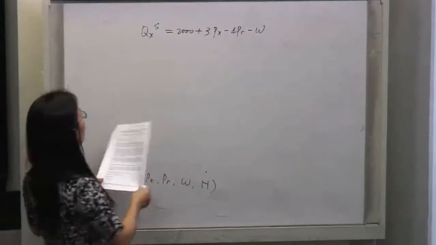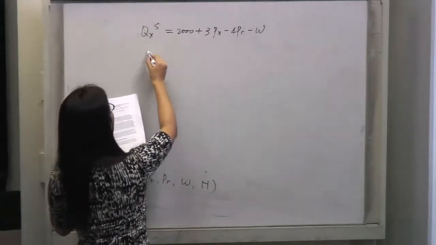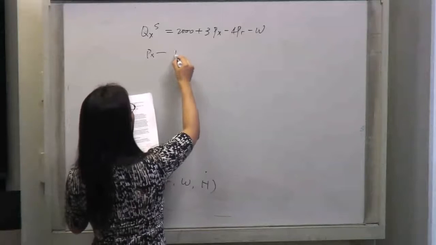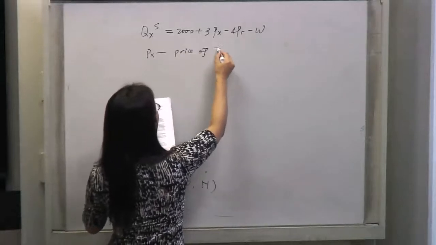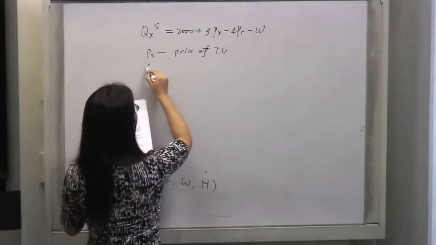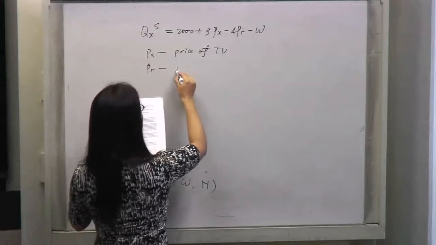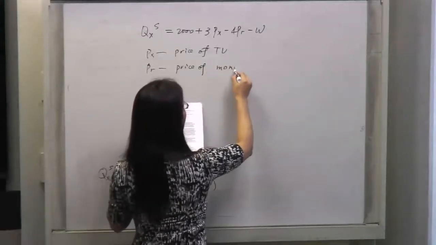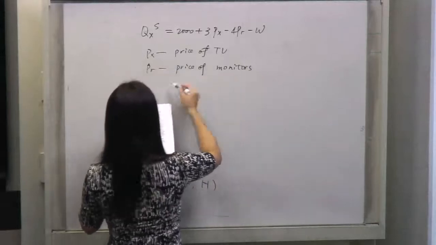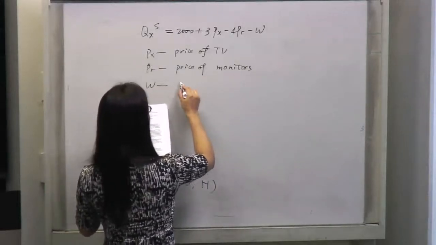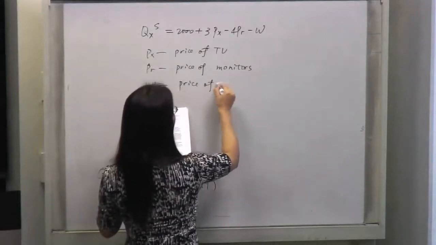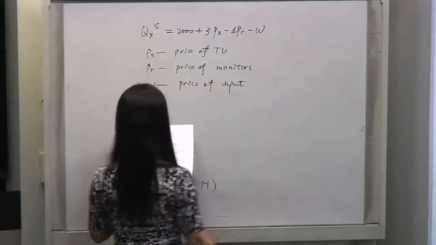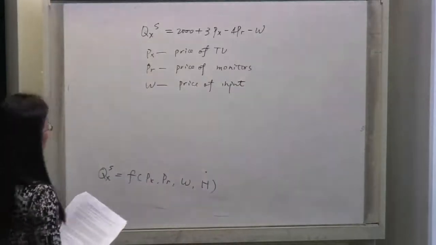And here with X, good X, PX is the price of TV. PR represents the price of monitors. And W here represents the price of input.